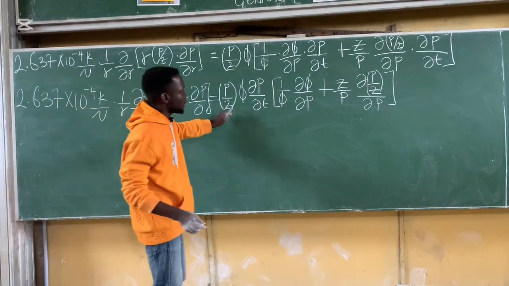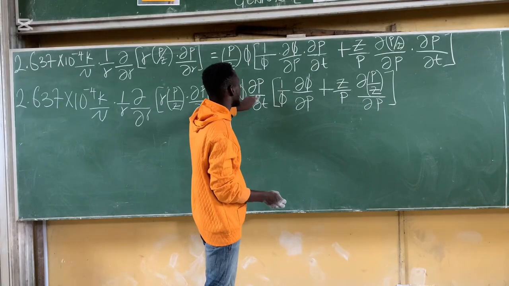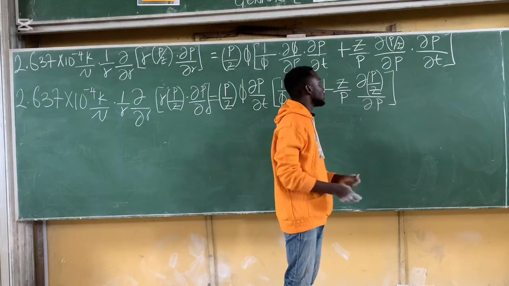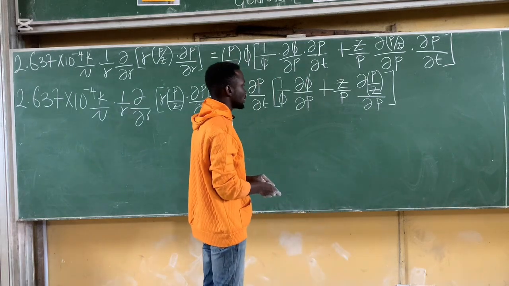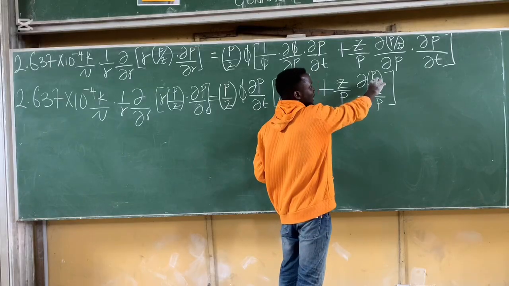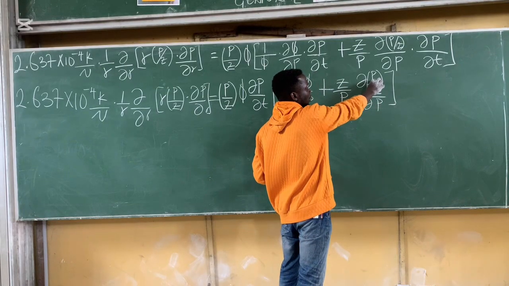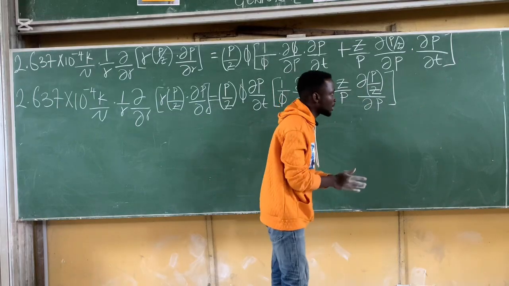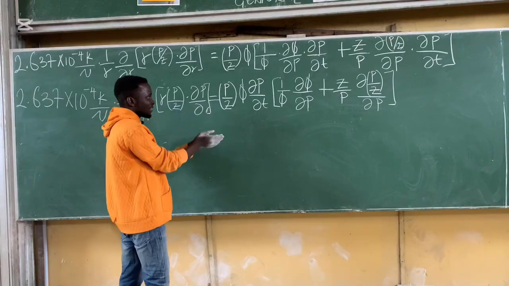Now, since we have already factored this, we can also put dp over dt at the ending of this bracket. It's still the same thing. So the next step is to differentiate p over z with respect to dp. So we are still at the right hand side.